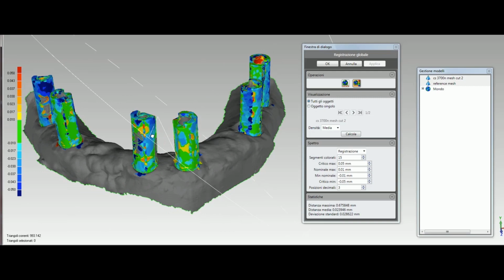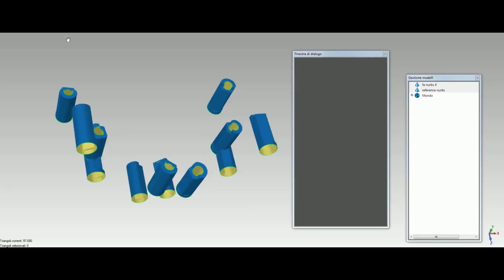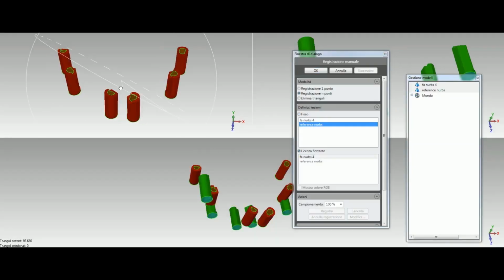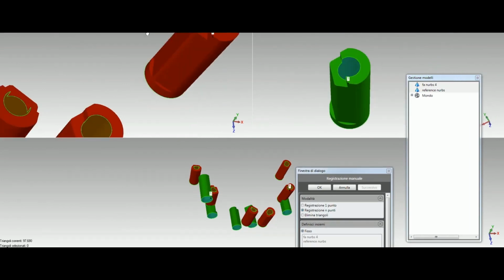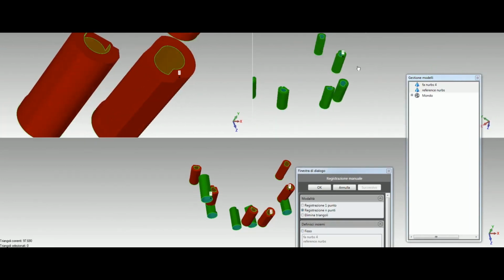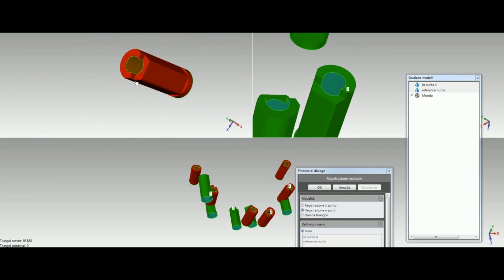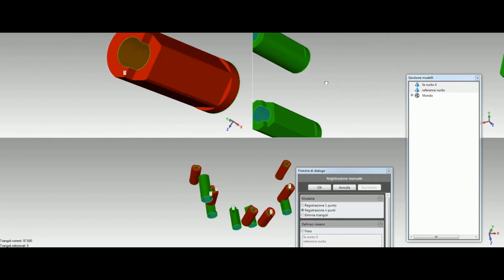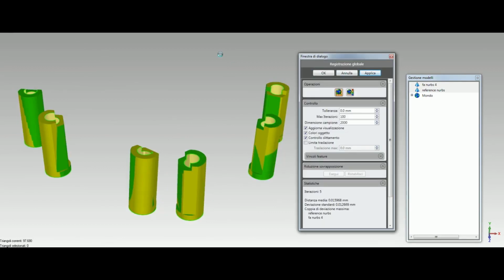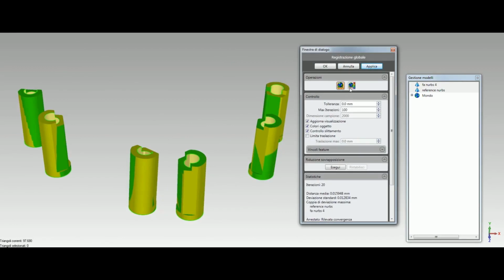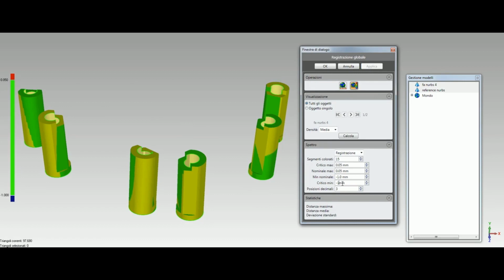This is the mesh-to-mesh, and we repeated this work 120 times. And this is the NURBS-to-NURBS superimposition. As we can see, we have the position of the libraries, on the left side derived from the reference acquisition with the desktop scanner, and on the right side derived from the intraoral scan, and then we superimposed them.